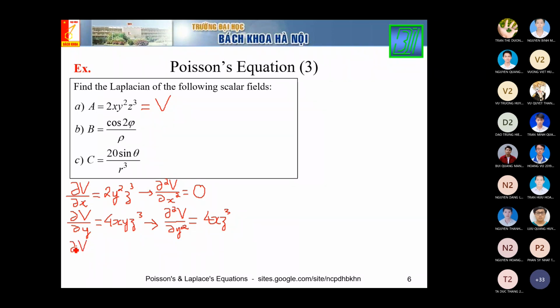Finally, for the last variable z, the first derivative here will be 6xy squared z squared.